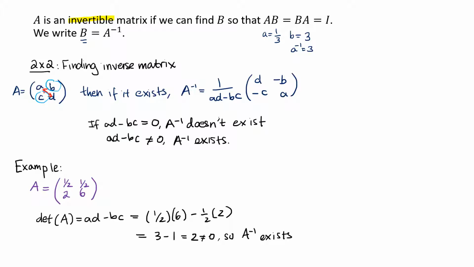Okay, so A inverse, what does this look like? We're going to take 1 over this number that we got. So 1 over 2. And then we're going to swap elements that are on the diagonal. So this gives us 6, 1/2. And then we're going to negate the off-diagonal elements. So we have negative 1/2 and negative 2.